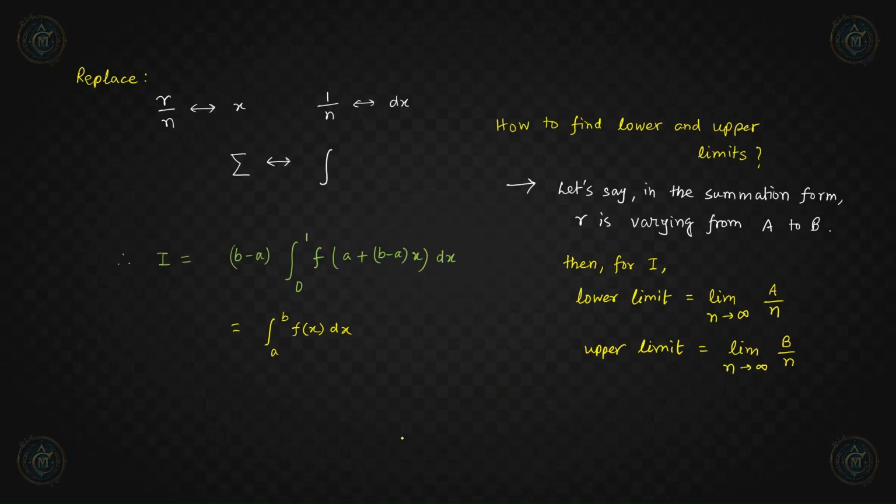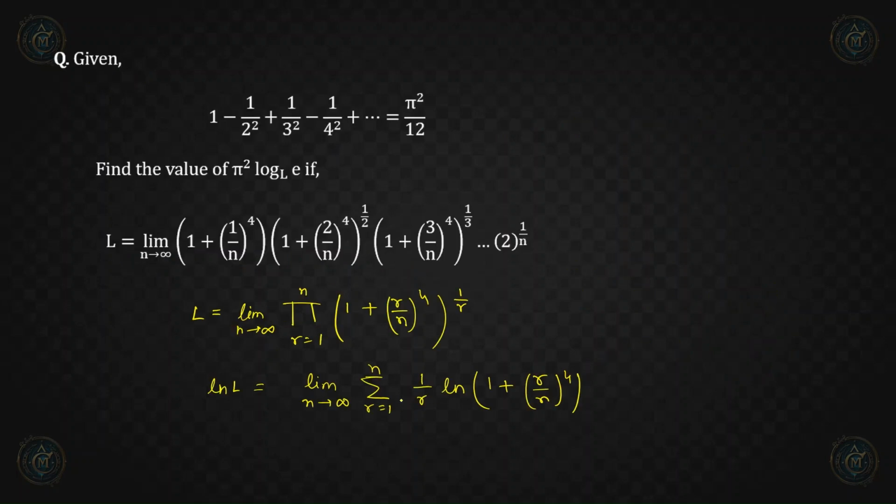Now what is the next step? We have to somehow find an expression in terms of r divided by n, so that we can replace the r by n terms with x. So we have to somehow create this 1 by n here, right? This term 1 by n is missing from here. So we create this 1 by n. So we have to multiply by n also, right?